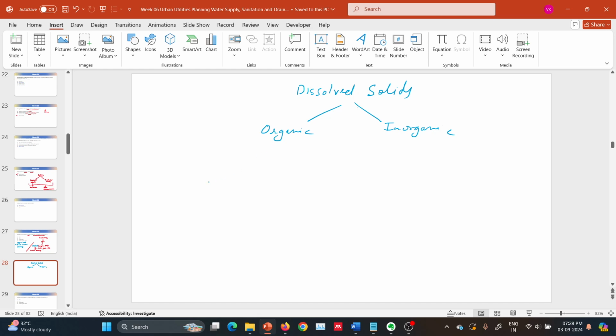In water supply, the organic solids concentration is low.